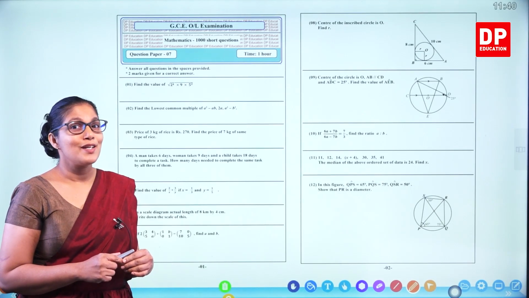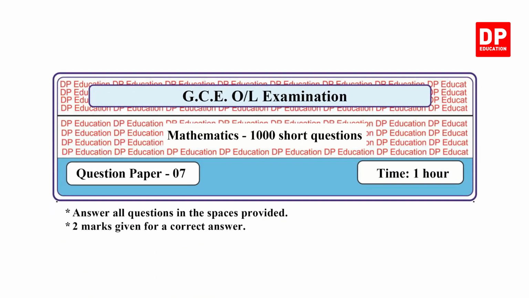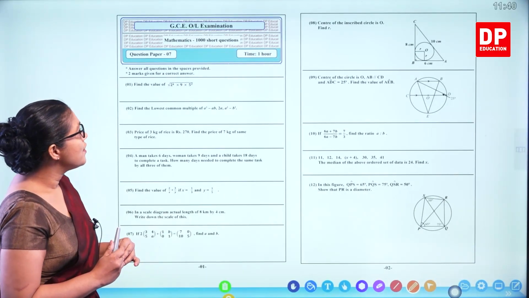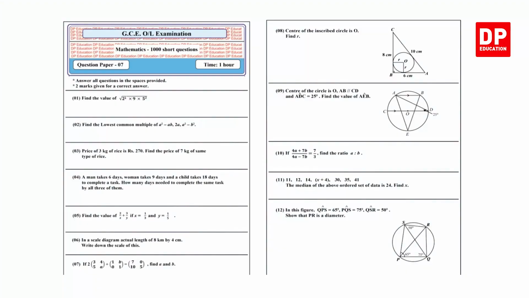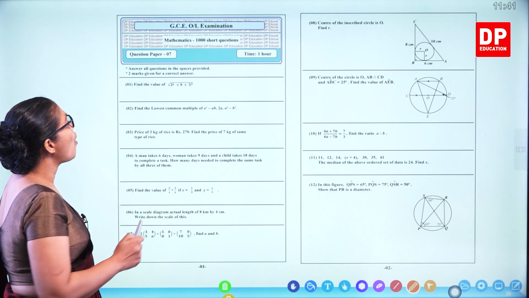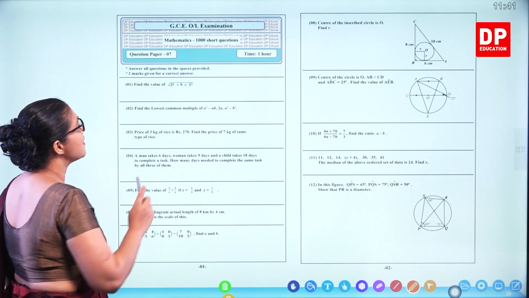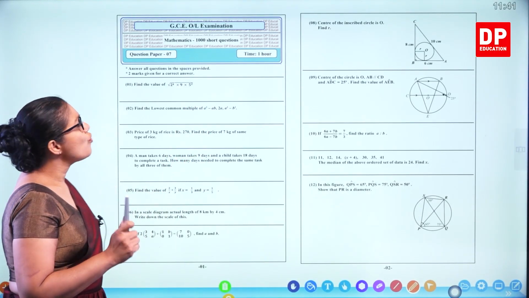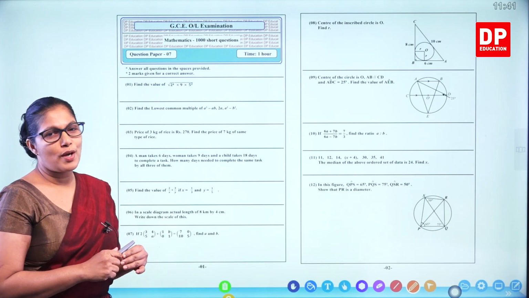Hello students, today I am doing question paper 7 in the series of 1000 short questions for your O-level exam as revision. So this is also a 25 question paper and you can spend only 1 hour. Spaces are given in this paper, so write all your answers in the spaces given, 2 marks for each question.